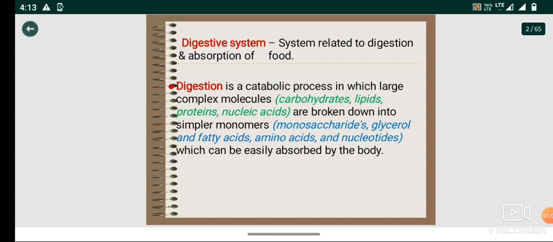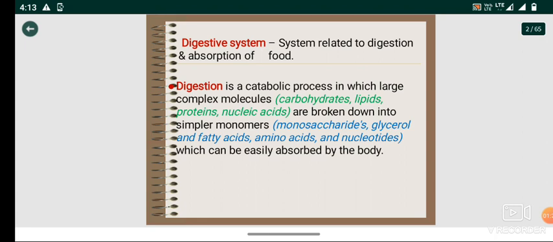So they have to be broken down into the simpler substances, and that particular function is performed by the digestive system. But still, the motto is to utilize these substances by the body.